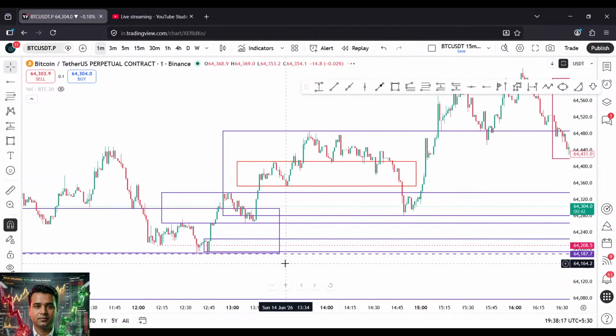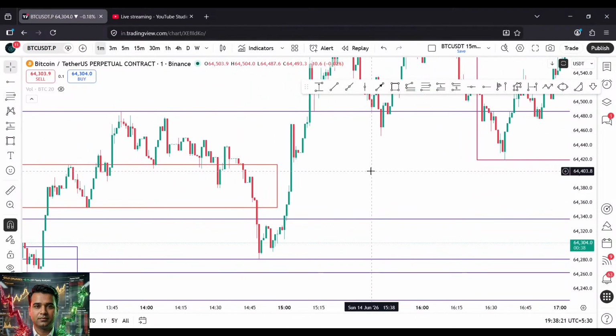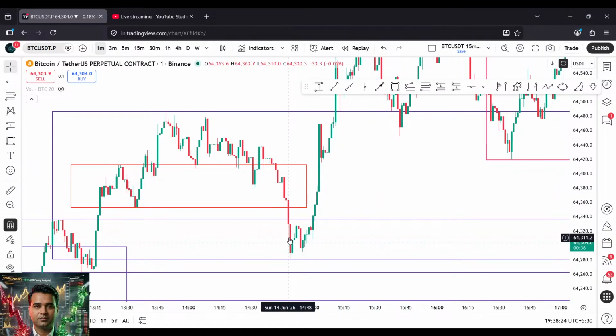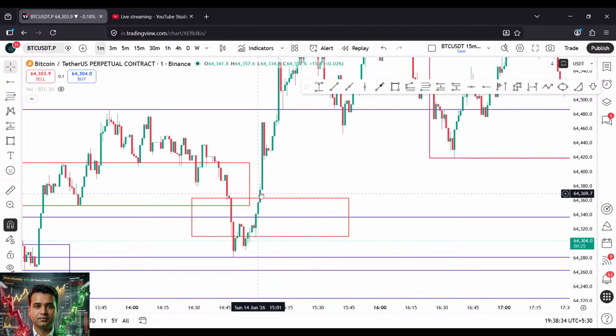Okay. So if we look at the swap inside it, this candle, we can take the whole candle as swap like this, and then we can take this candle as the swap.